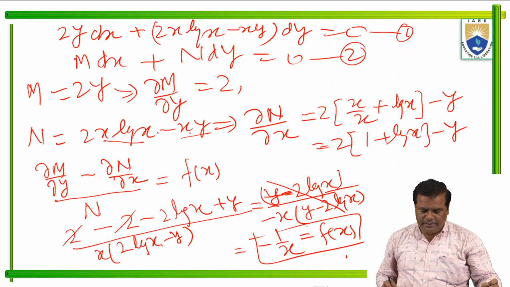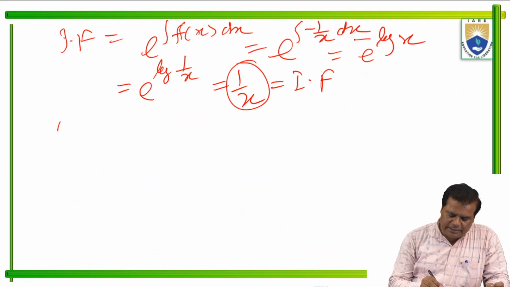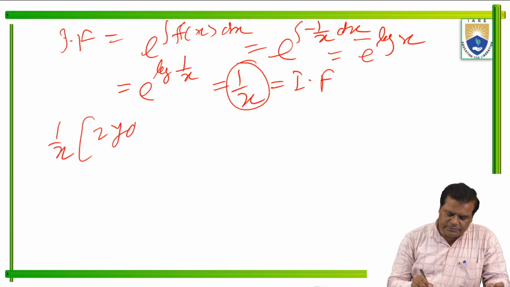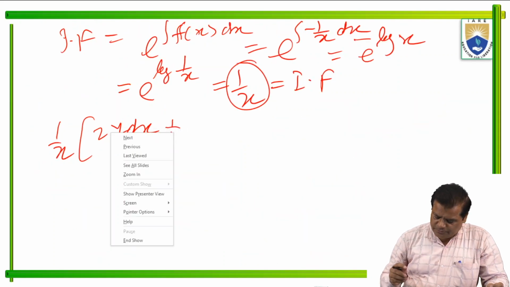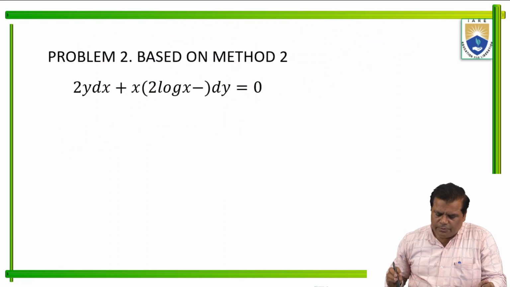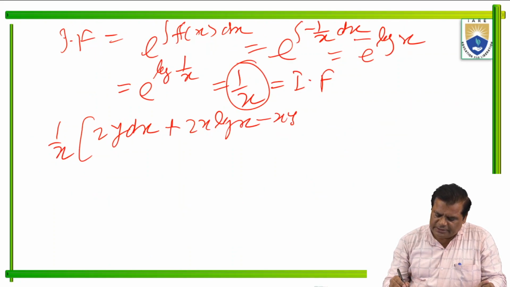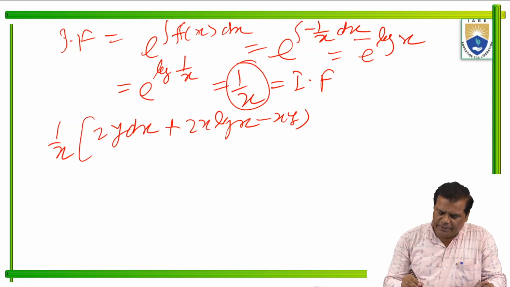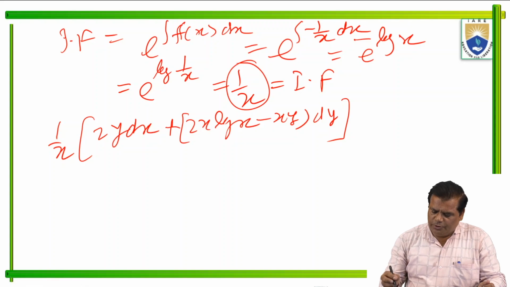Now multiply by this function, then our question is integrable. So multiply here. What is the question? The question is 2y dx, plus 2x log x minus xy, dy, equal to 0.